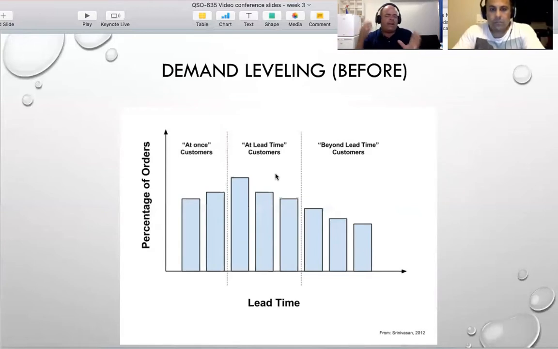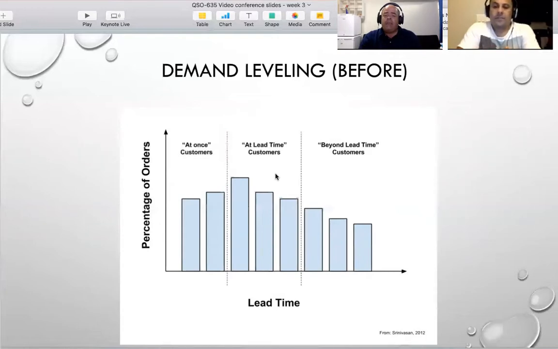So let's say you've got your Amazon, and you track when customers want the product. And you basically have three types of customers. You have people who want the product right now. They want it immediately. So as I hit that button, I want it on my table. Then you have ones that are at the lead time.